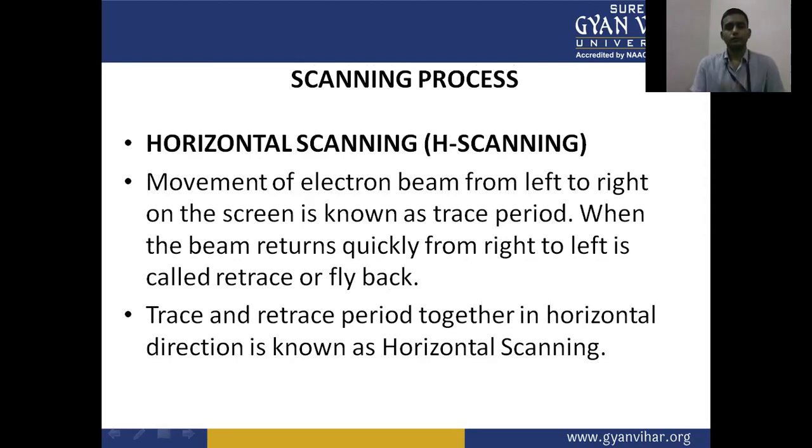The first type of scanning, the horizontal scanning, is also known as edge scanning. The movement of the electron beam from the left to the right on the screen is known as the trace period. When the beam returns quickly from right to left, it is called retrace or flyback.